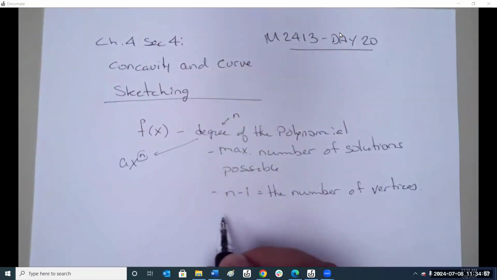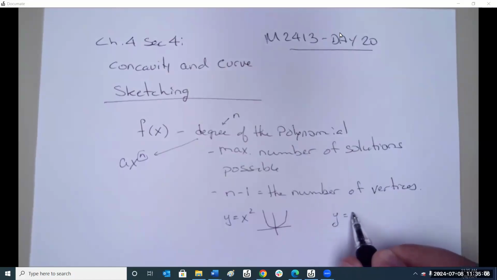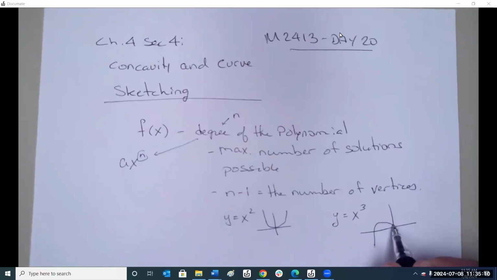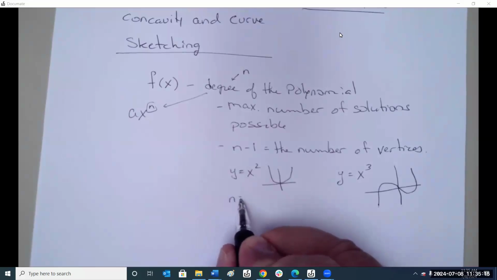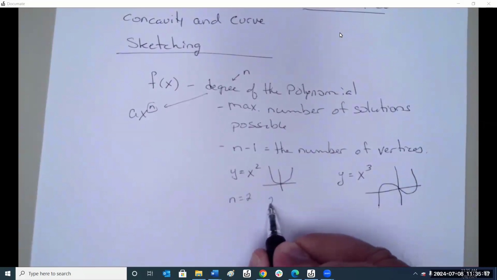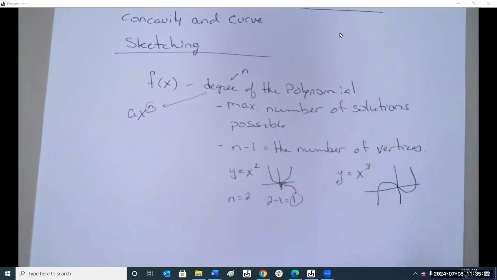For example, we have y equals x squared. Y equals x cubed. These are, of course, exaggerated. Since n equals 2, 2 minus 1 equals 1. We have one vertex. N equals 3, 3 minus 1 equals 2.